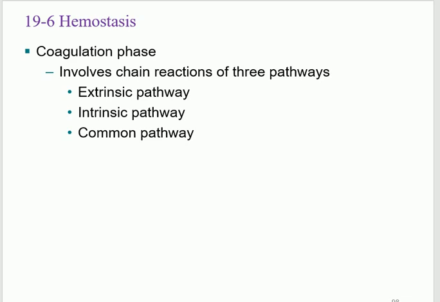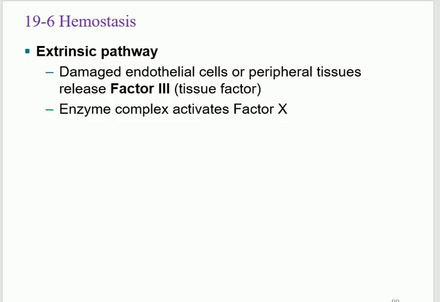So what's the intrinsic and what's the extrinsic pathway? And then the common pathway from both of them. So somehow, either extrinsic, like a cut, or intrinsic, and I will talk about it. In both cases, the final step will happen anyway. You end up having blood clots. So both intrinsic and extrinsic will lead to the last one. Extrinsic.